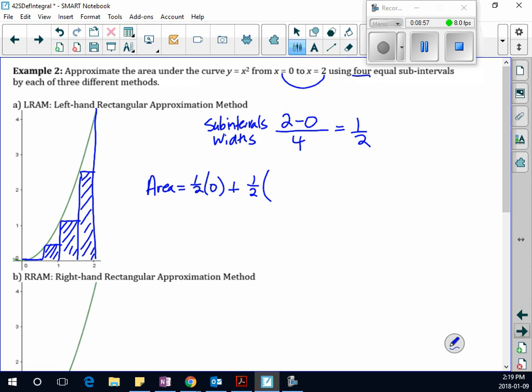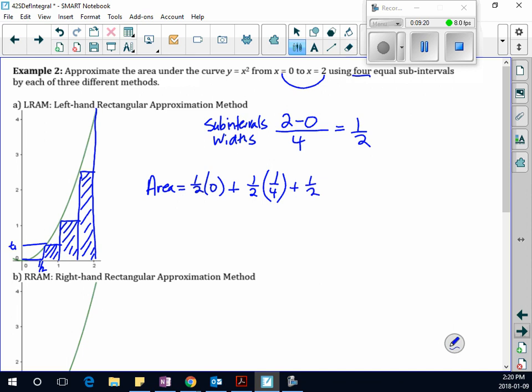0.25 is a quarter, right? Why is it a quarter? Because each width is 1/2. So going from 0 to this is 1/2. If I plug it into the x squared formula, that means this height is a quarter. Yes? Okay, the next width is again 1/2.